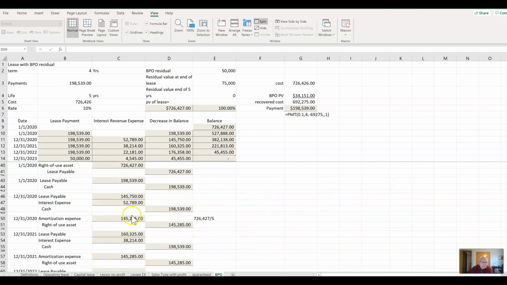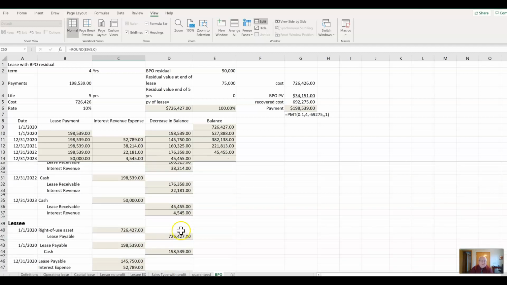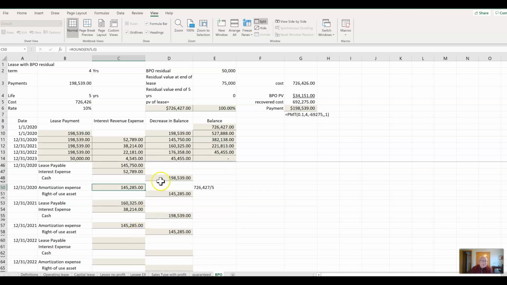Oh, I forgot to do something, sorry. Yeah, that's right. Because there's no residual value, because we're assuming residual value at the end of 5 years is 0. Okay, so that's why we don't subtract off the 50,000. So that's why it's just 726,427 divided by 5.